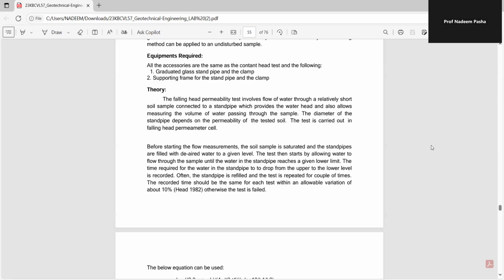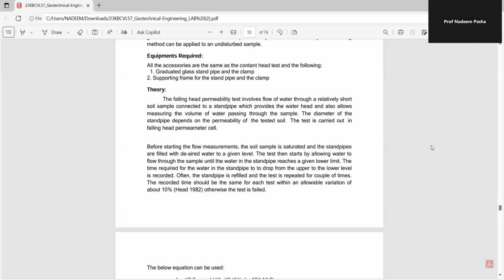Theory: the falling head permeability test involves flow of water through a relatively short soil sample connected to a standpipe, which provides the water head and also allows measuring the volume of water passing through the sample.